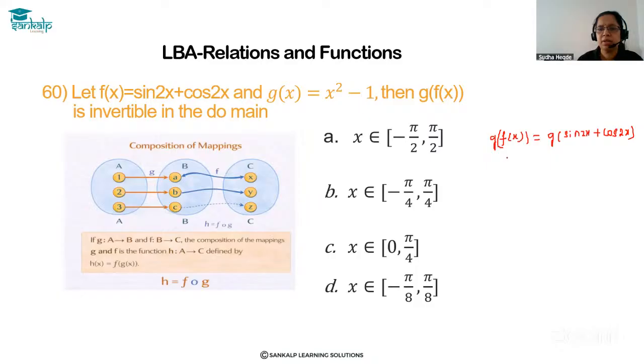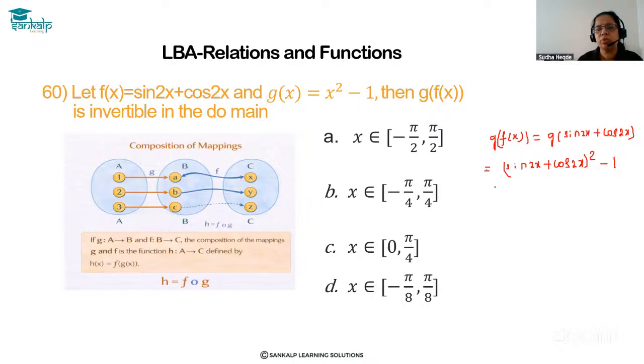Replace x by sine 2x plus cos 2x. So therefore that is equal to sine 2x plus cos 2x whole square, because x square is there, minus 1.